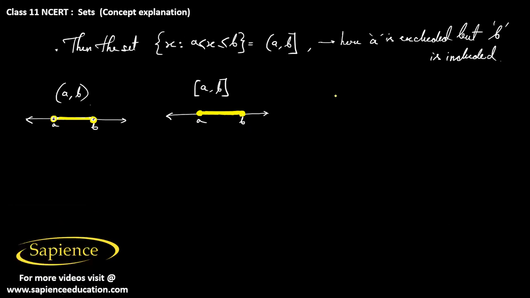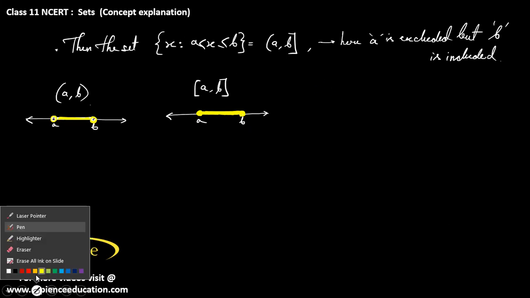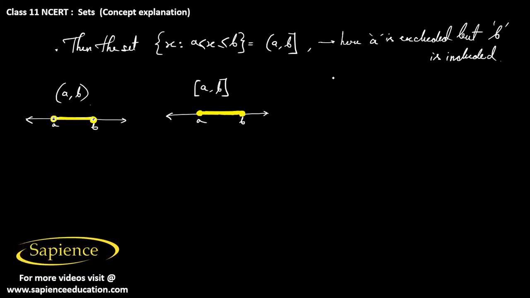Then if we draw this interval A to B where A is open and B is closed, at the end B I should draw a closed circle, and at the end A I should draw an open circle.